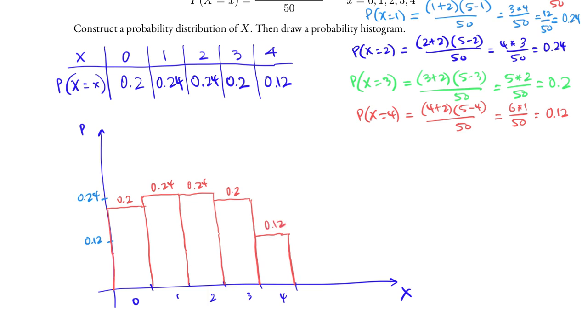This is known as the probability histogram. It looks like an ordinary histogram, but again, the width of each rectangle is 1, and the height of the rectangle is the corresponding probability for the random variable value x.